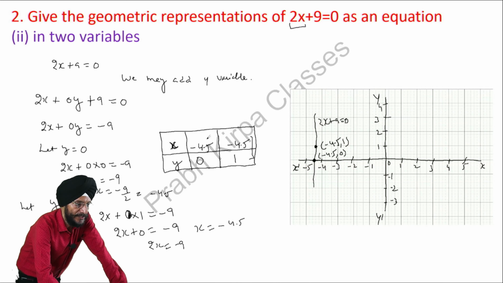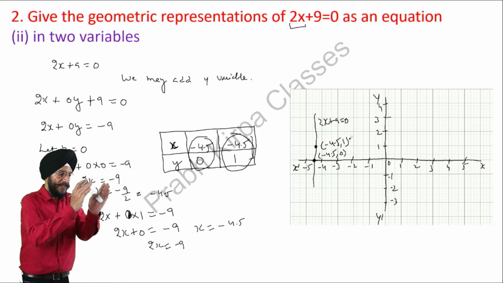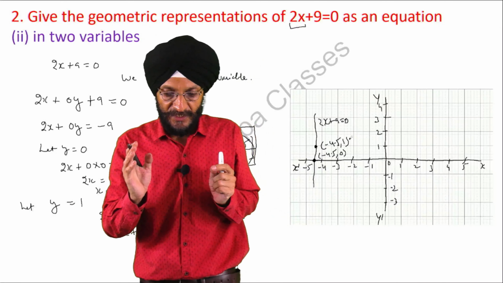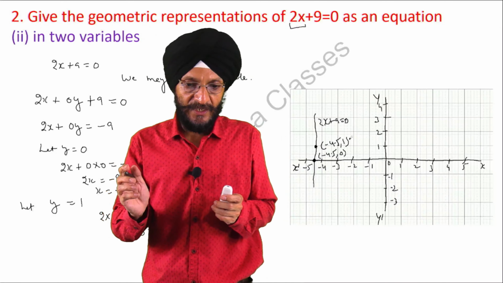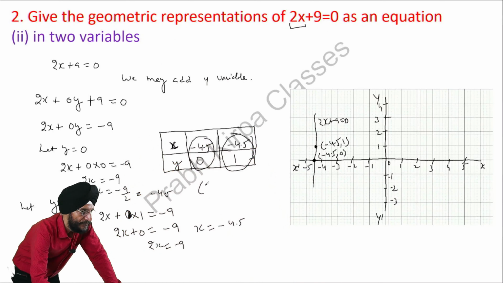First we have written this value minus 4.5, 0, then this is the value which has been written on the upper side. Now this is the geometrical representation of the equation which was given to us in the examination. You can also write the solutions here, minus 4.5, 0, next solution minus 4.5 and 1.